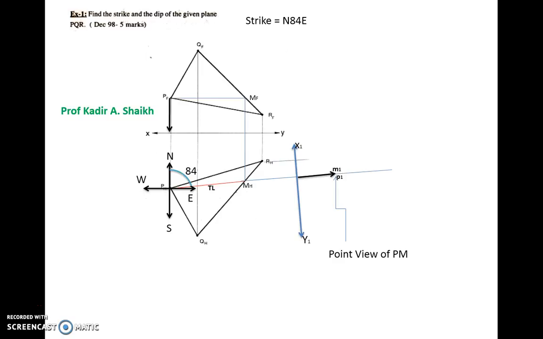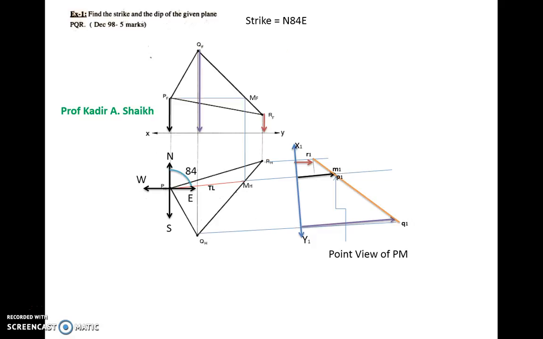Further, take the projection of RH, measure the distance of RF, cut it from x1 y1, we will get R1. Similarly, project QH perpendicular to x1 y1, measure the distance of QF and cut it from x1 y1, we will get Q1. Now R1, P1 and Q1 should lie on a single straight line.